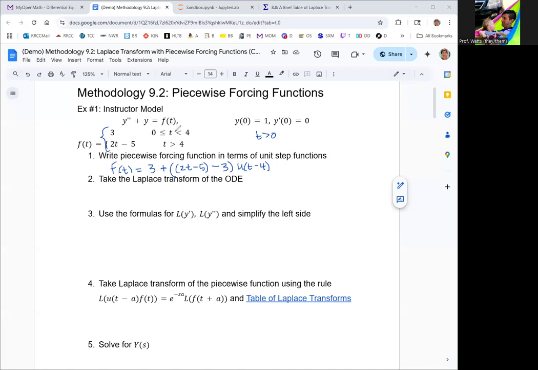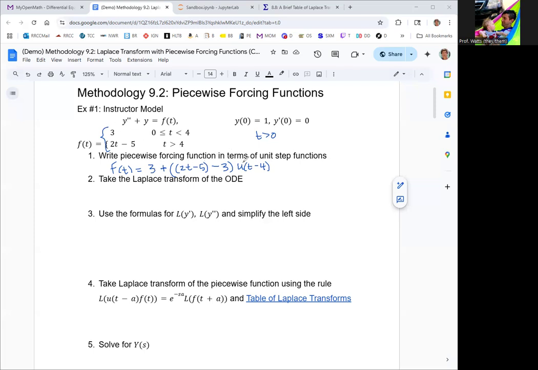So since the first piece is t less than 4 and the second piece is t greater than 4, our unit step function steps up at 4. I notice that if you evaluate this function when t is less than 4, the unit step function is 0 and you just get 3, which is the first piece.